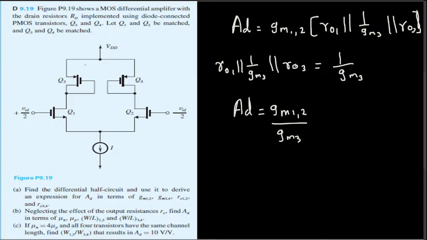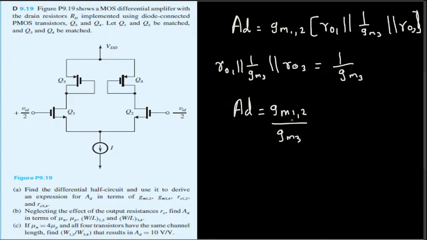If you look at the MOSFETs in the diagram, 1 and 2 are NMOS, and they said these two are matched. Let me double check. Drain resistor, PMOS transistor. So Q3 and Q4 are matched, Q1 and Q2 are matched. So the transconductance for Q1 and Q2 are the same, and the transconductance of Q3 and Q4 are the same.